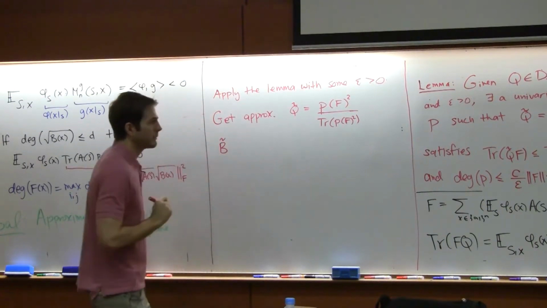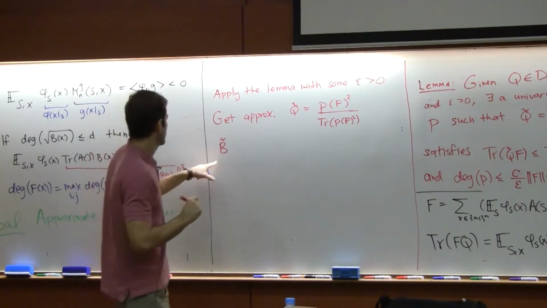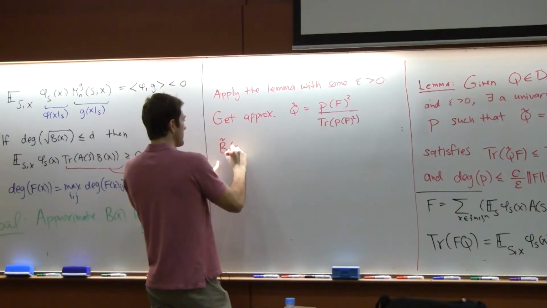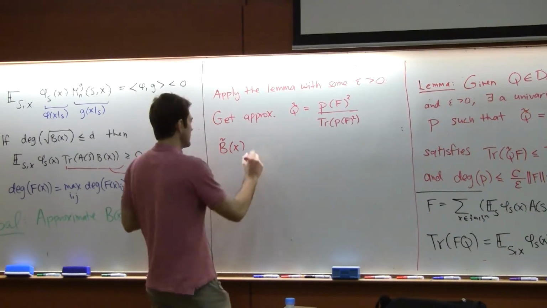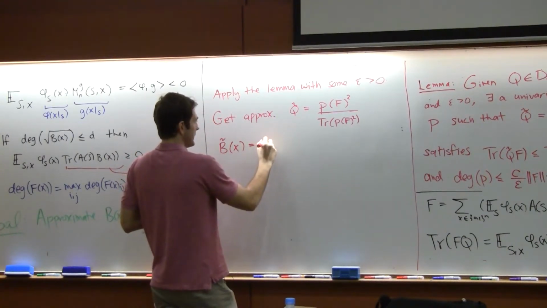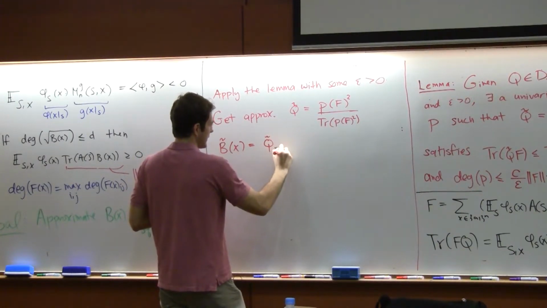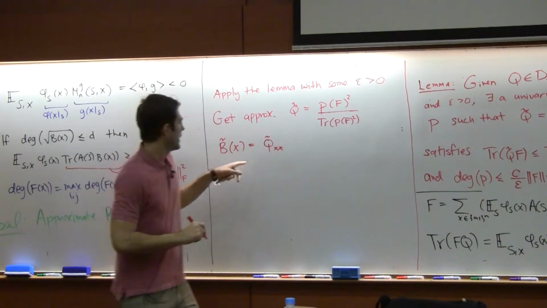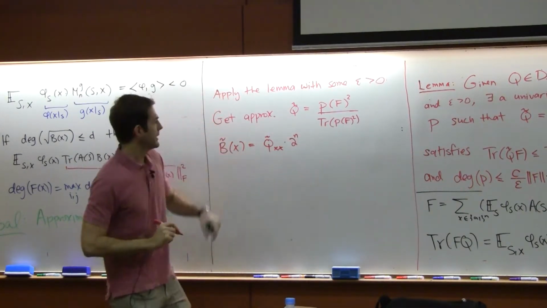Okay, and then I don't necessarily know even the correct notation for this thing, but then we define our B tilde just to be like unpack this Q. So it's Q tilde in the XX block. I mean, actually, we should multiply it by 2 to the n to take off the 2 to the minus n.